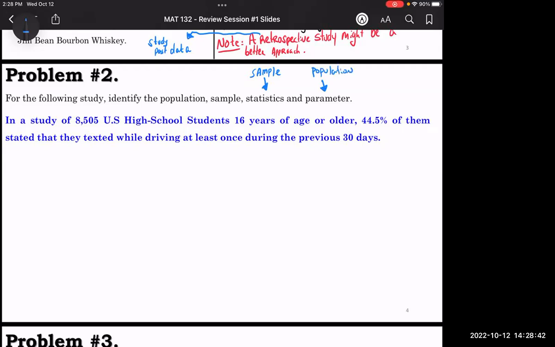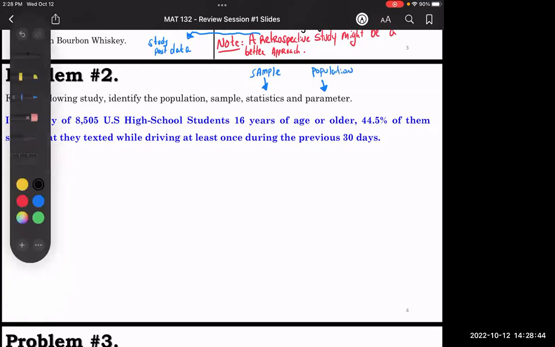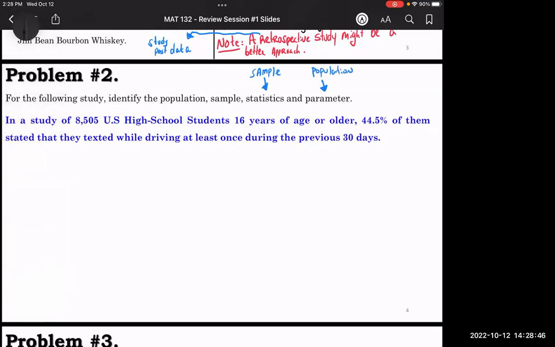Now here's also a good picture to draw regarding a statistical study. Usually after you formulate your question at hand for your statistical study, you need a target audience or target group. That is essentially your population.